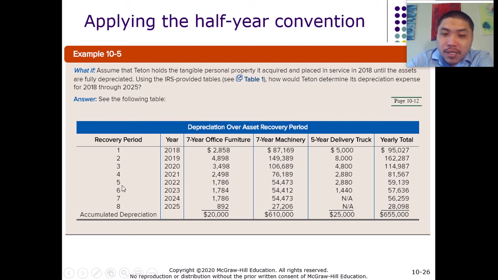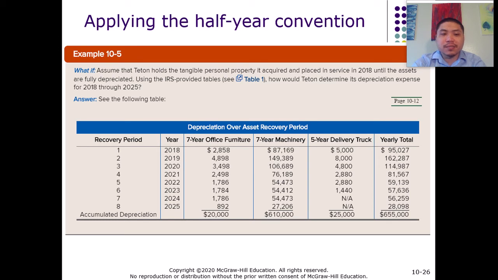So what happened here is that in the first year, the IRS allowed the company to depreciate only half of the full year depreciation expense. So in the year that the asset is taken out of service, the IRS also allows half-year depreciation for that year.